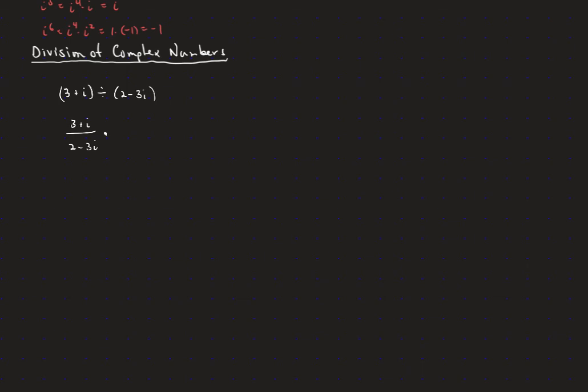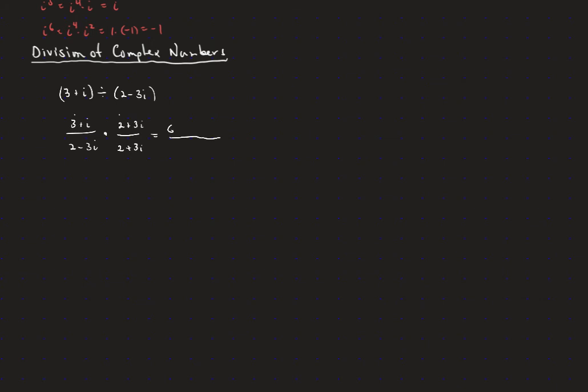Its conjugate is what would make it the difference of two squares. That is, leave the real part as it is, and change the sign of the imaginary part. Since we multiply by the same thing over the same thing, that's just multiplying by 1. So we're going to change its appearance, but not its value. Then we just do the arithmetic.